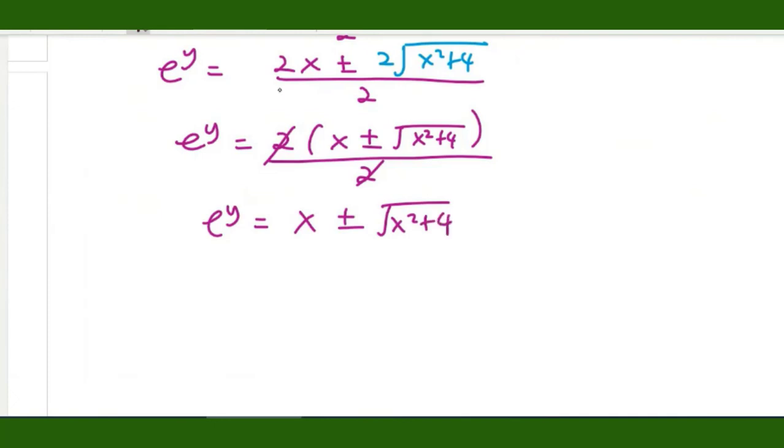Finally, since we know that e^y is always positive, therefore our e^y should take only the positive part.